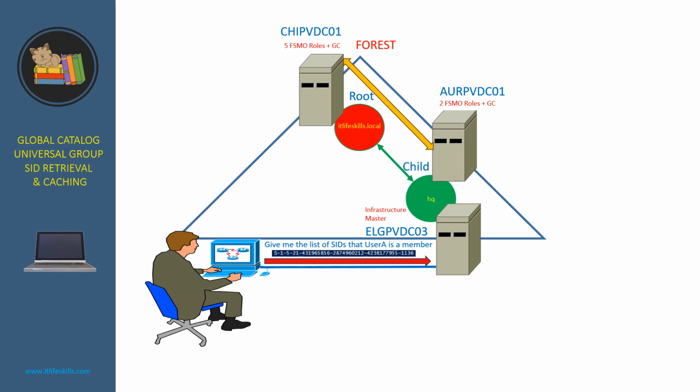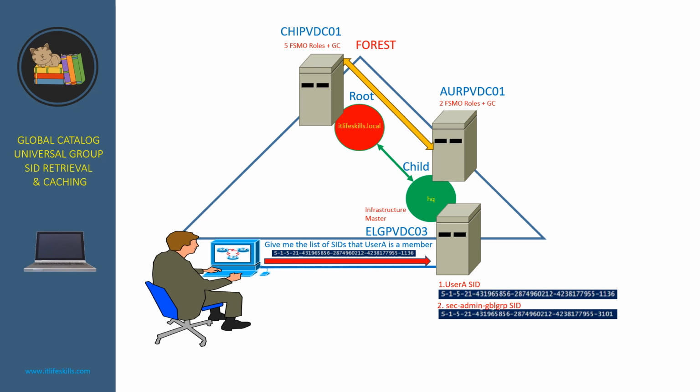Upon user A being authenticated, LHPVDC03 retrieves from the hq.itlifeskills.local domain a list of global group sysids that user A is a member of, and it finds the security admin global group sysid.